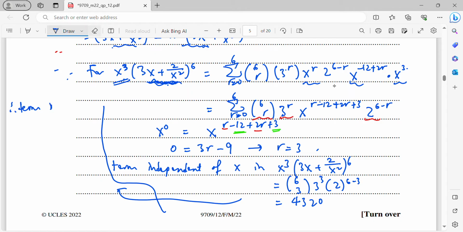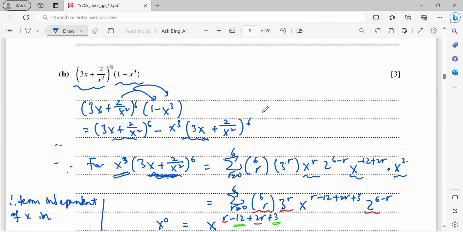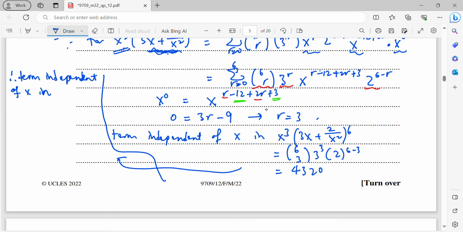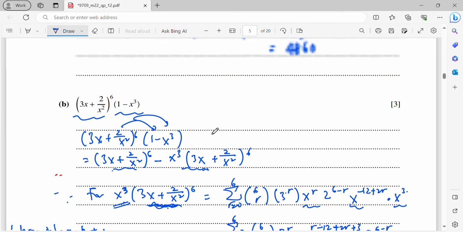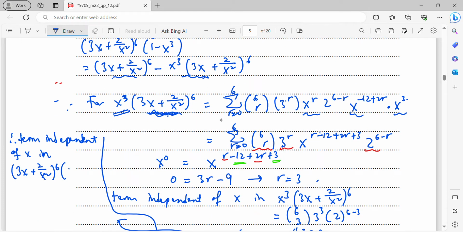So term independent of x in (3x plus 2 over x squared) power 6 multiply with 1 minus x cubed. Right? So it's going to be the previous answer.